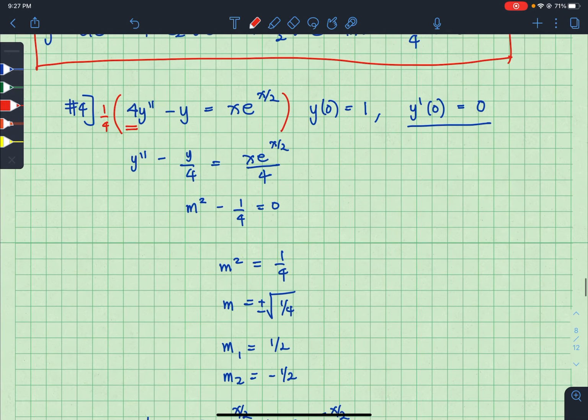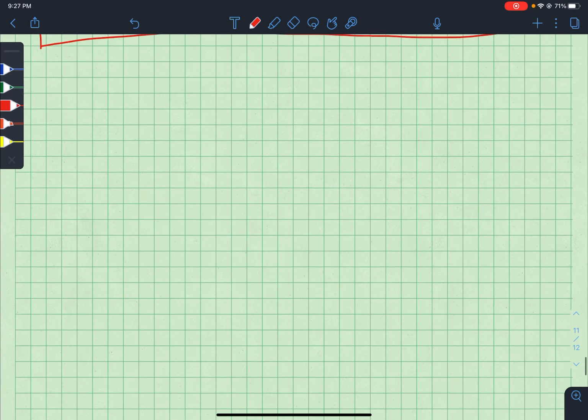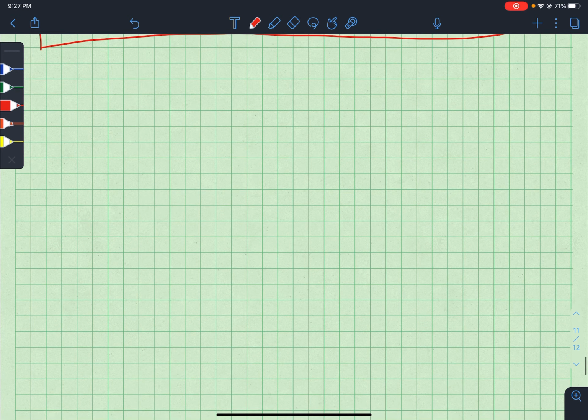So for problem number 4, our last equation, we'll have a third order differential equation: y triple prime plus 4y prime is equal to secant 2x.